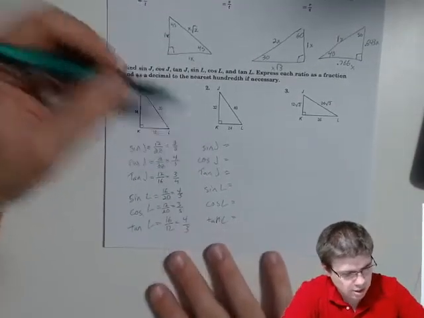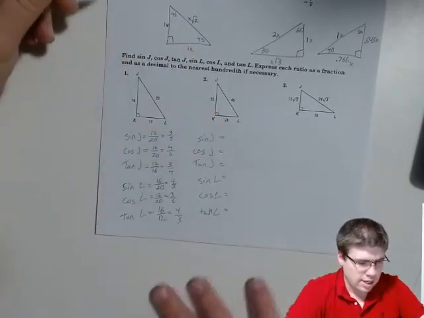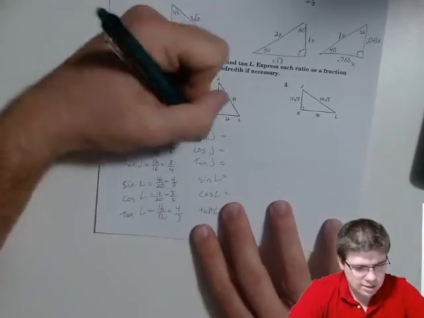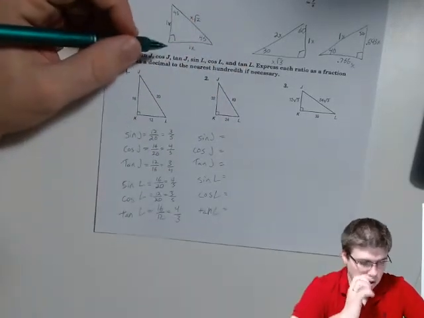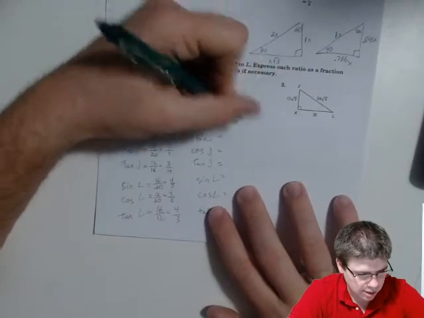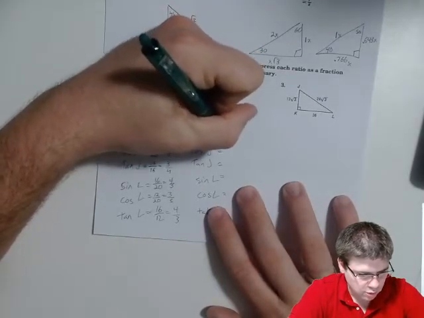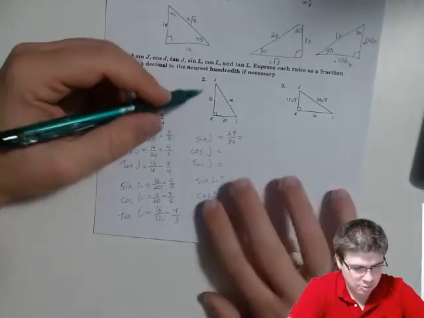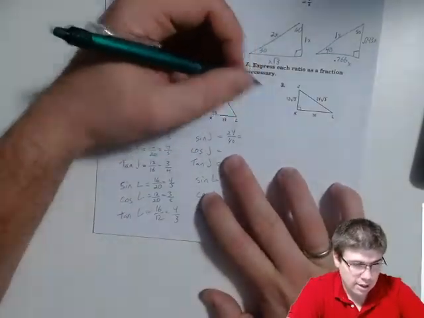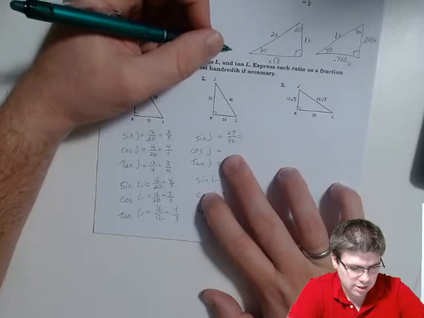All right, so in this one, if we look at J again, sine of J is going to be opposite over hypotenuse. Sine is SOH, so opposite over hypotenuse, which is 24 over 40. When we look to reduce that, both top and bottom will divide by, let's see, make sure I get this right.